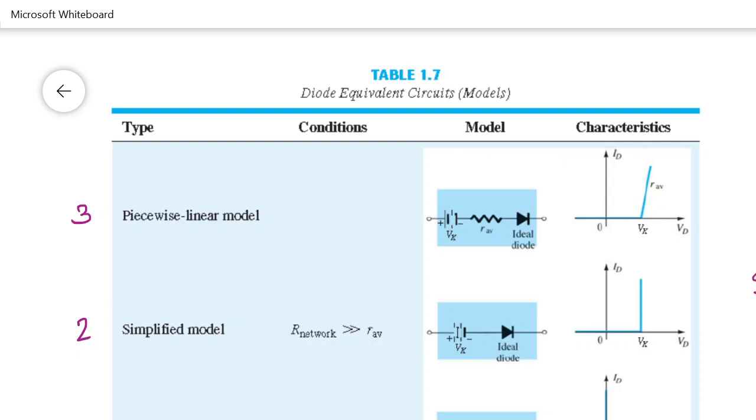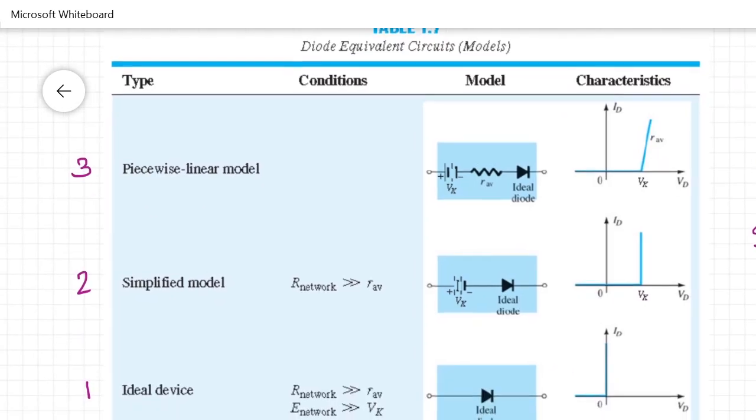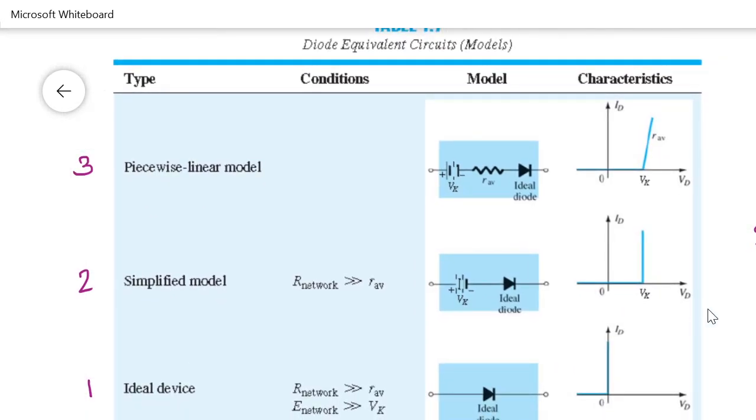Now come to the second approximation, which is called the simplified model. In the second approximation we include the drop across the diode, which is 0.7 volts, the knee voltage.